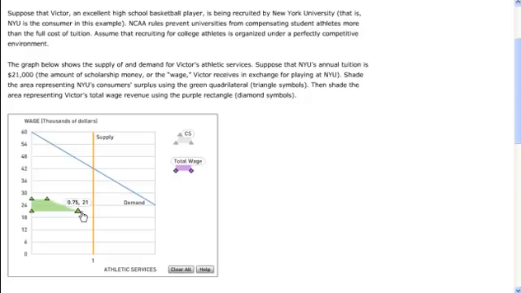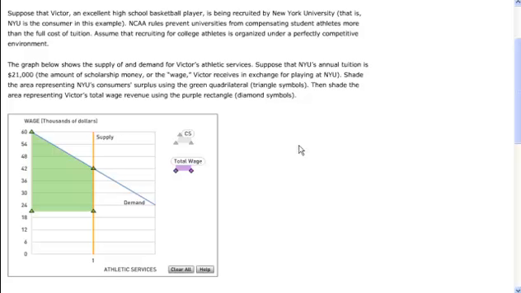I'm just going to carry this straight across, keeping it at $21,000. I'm going to bring this one all the way up to that 60 point. There we go. And then we'll fill in the rest of this area. Okay, so this area that I've shaded in represents NYU's consumer surplus, which is equivalent to $30,000.